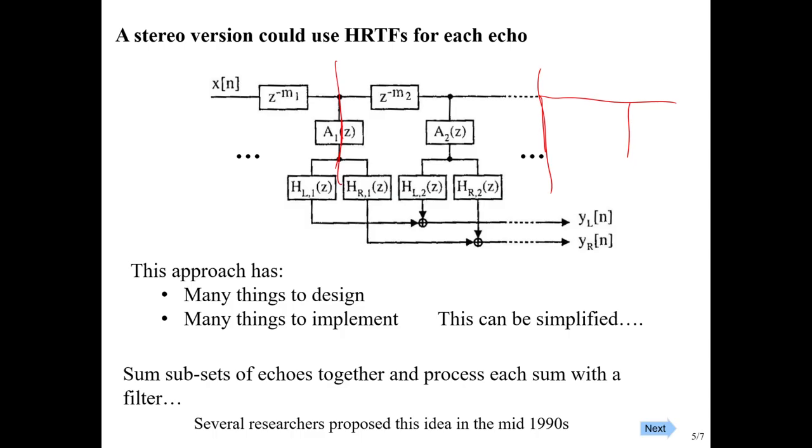So maybe all the odd indexed ones might get summed together, and all the even indexed ones might get summed together. And then we process each sum with a head-related transfer function. So that's just a way of simplifying this. We don't need a head-related transfer function for every reflection. It's not exactly right, but it might be good enough for whatever it is that you're trying to do.